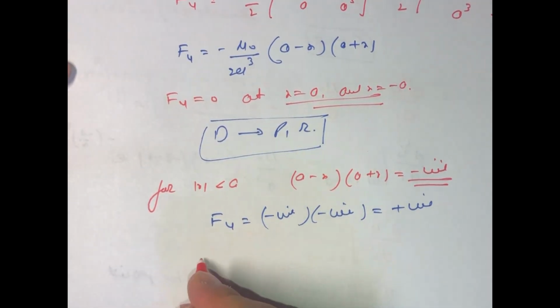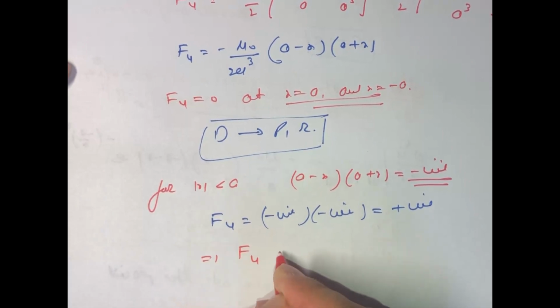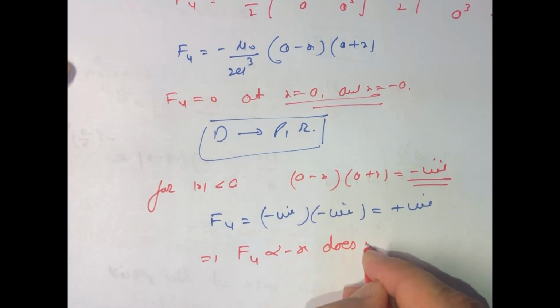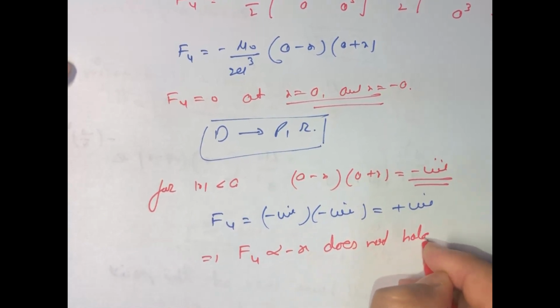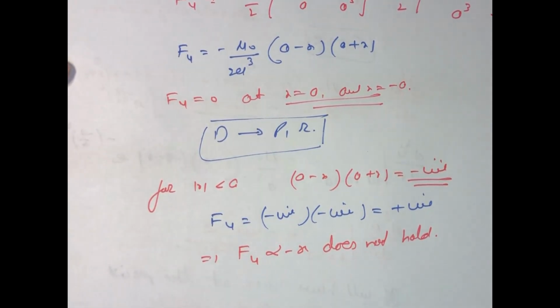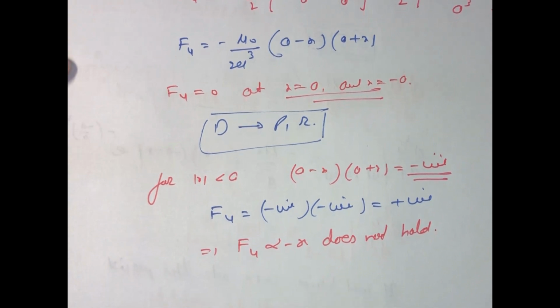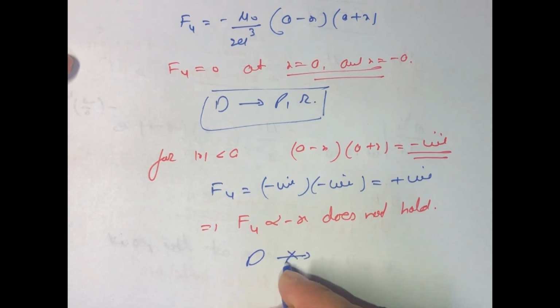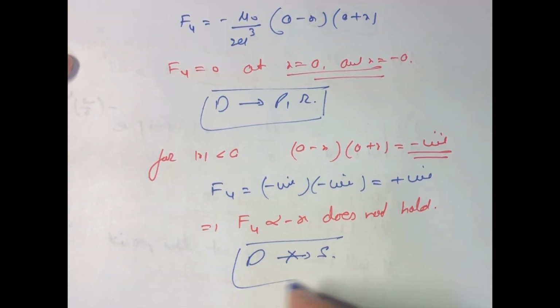Therefore, F4 directly proportional to minus x does not hold or is not true. Therefore, D cannot have S as a correct option.